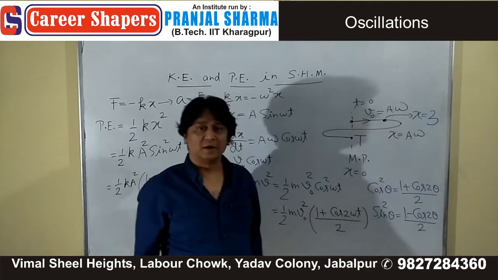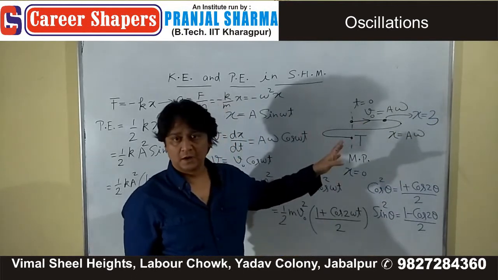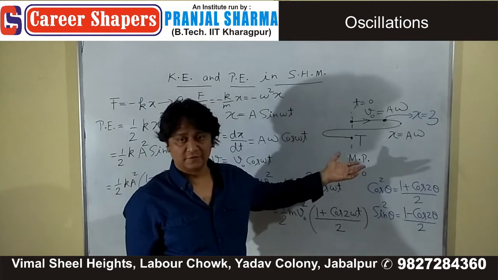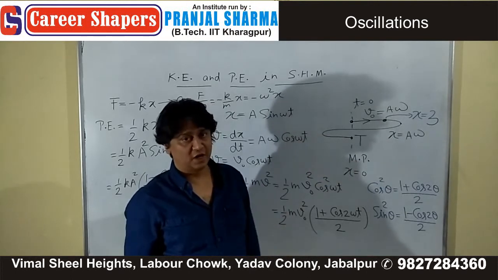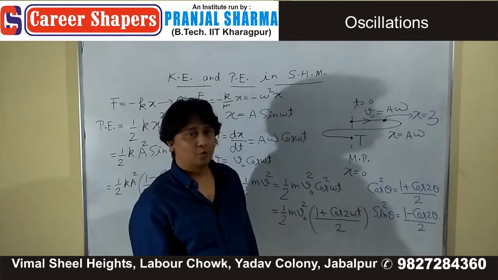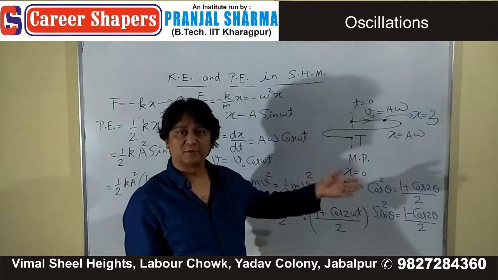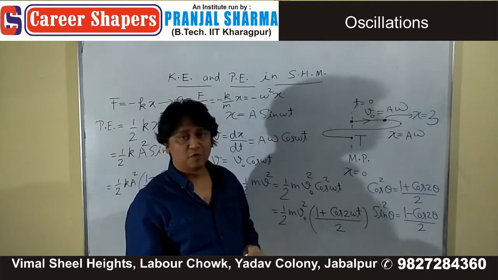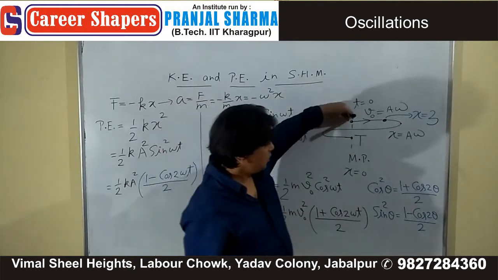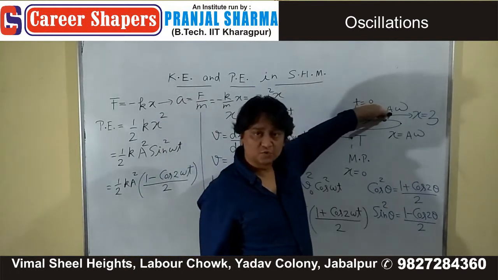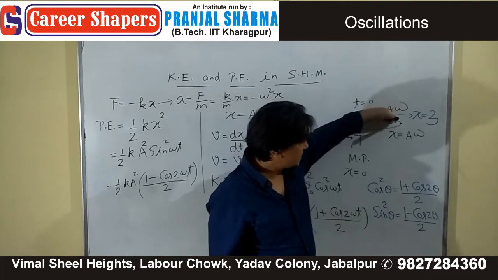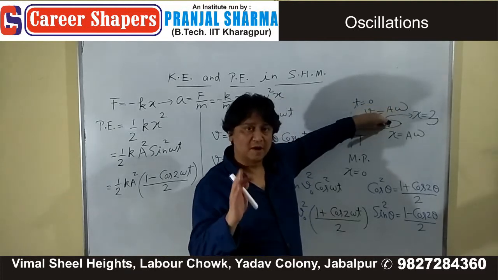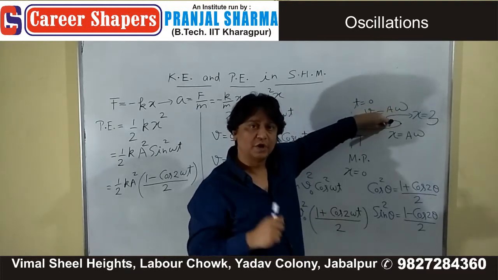Now, how many times does x equals to 3 repeat itself during one oscillation? If I ask you this, how many times does x equals to 3 repeat itself during one oscillation? When the object is here, x is 3. When it is coming back, x is again 3 only.